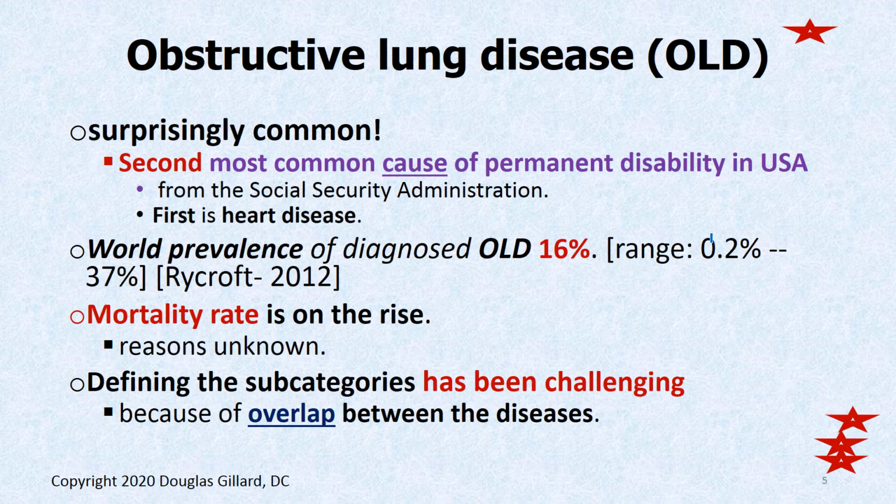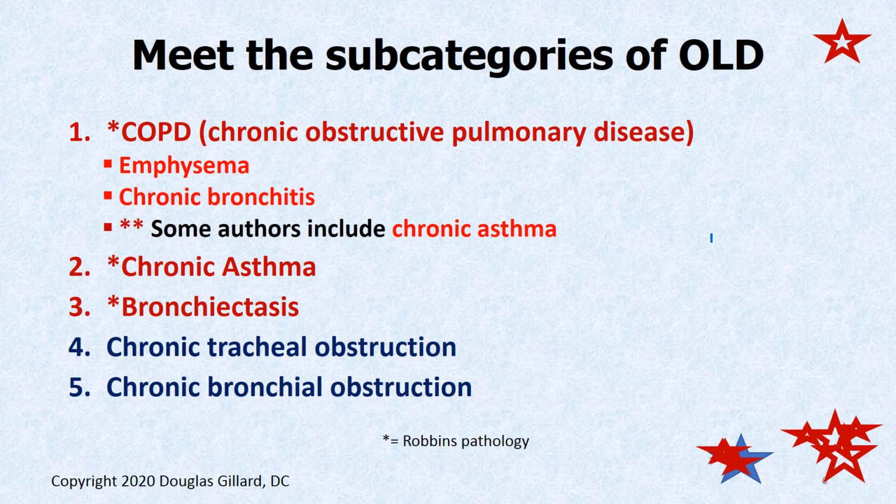The mortality rate has been increasing despite our advances in treatment of this disease, and we don't understand why. Categorizing obstructive lung disease is difficult because the diseases tend to overlap. Sometimes you're not 100% sure if the patient has emphysema or chronic bronchitis, and reality is they probably have a mix of both.